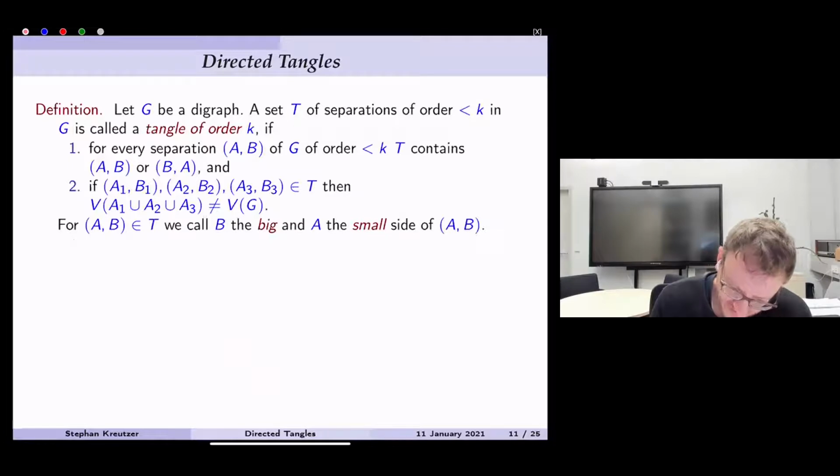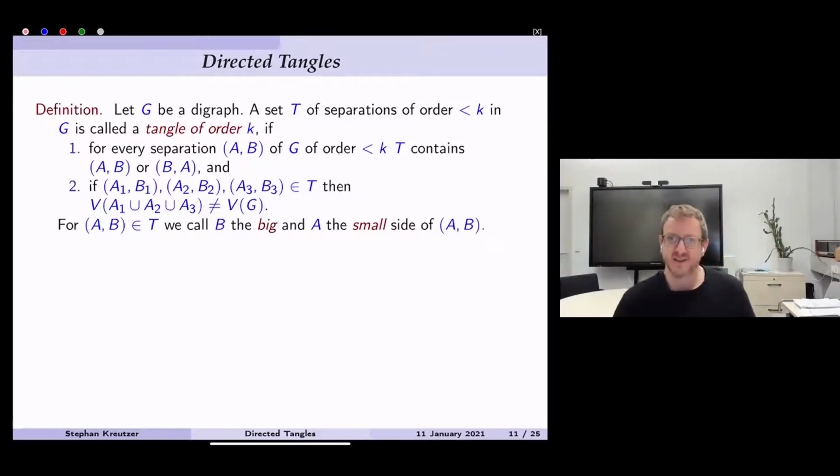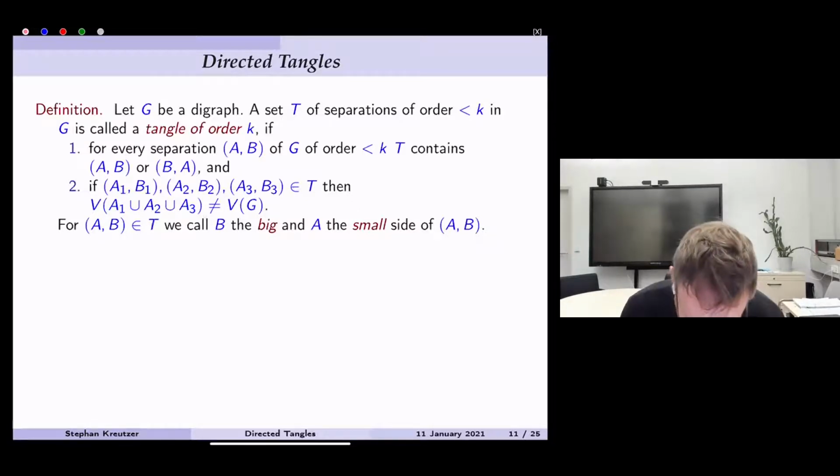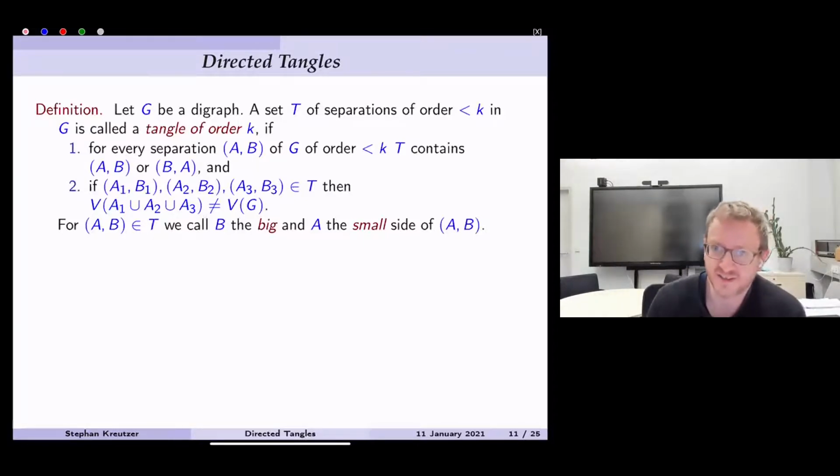And the second condition is, if you have three separations in T, so (A1,B1), (A2,B2), and (A3,B3), then you don't want all vertices of G to be contained in the union of the three small sides, A being the small side again, and B being the big side. So the union of three small sides should not contain every vertex. And because we require three small sides not to span all vertices, we don't need the third tangle condition explicitly.